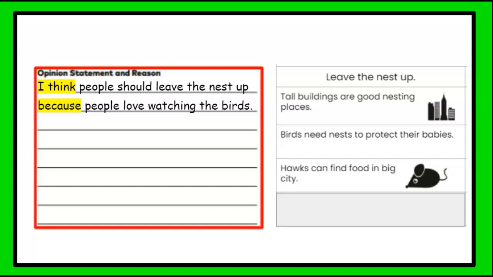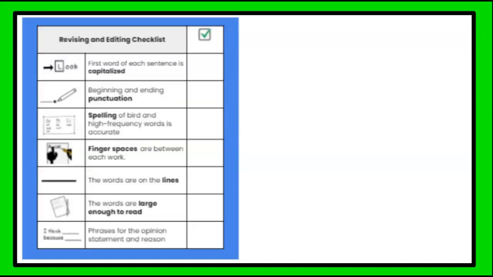This is the one I wrote from yesterday, and that's why it's covered up on our chart. I think is going to be your sentence starter, and because is our connecting word. Please pause the video and write your opinion statement and reason. When you're done, press the play button to continue.